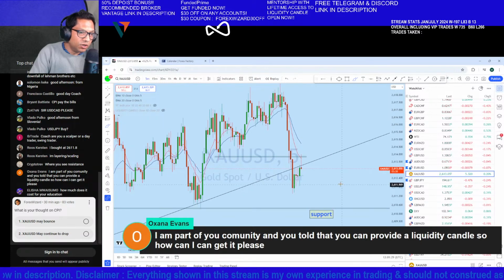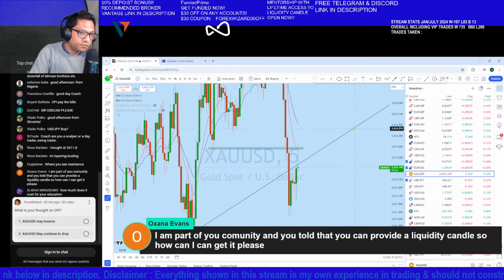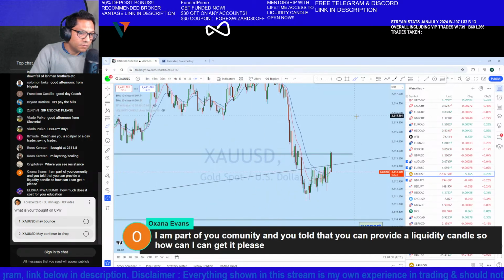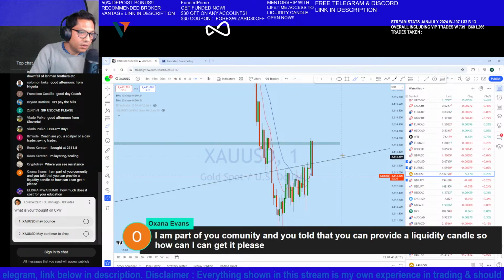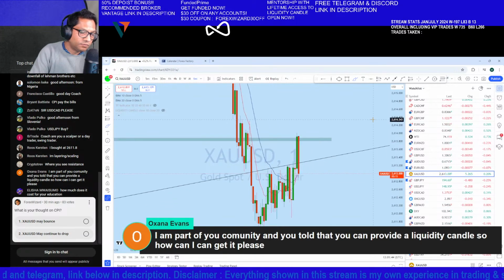We look at the 5 minutes, and you can see there is a long wick candle in that area, and a pretty strong rejection.